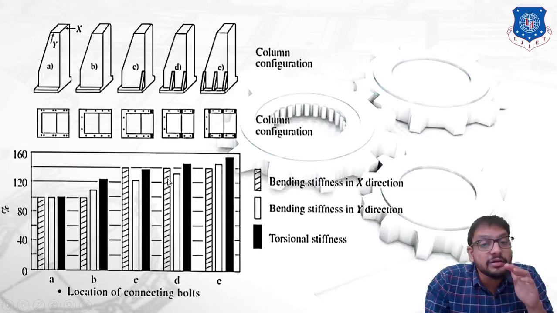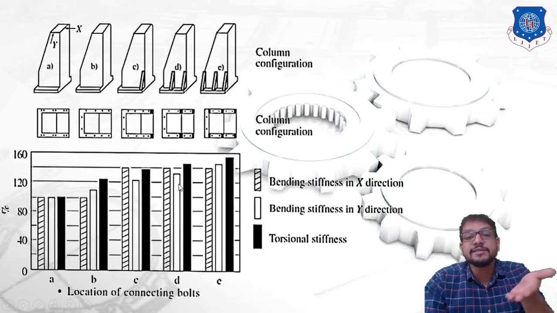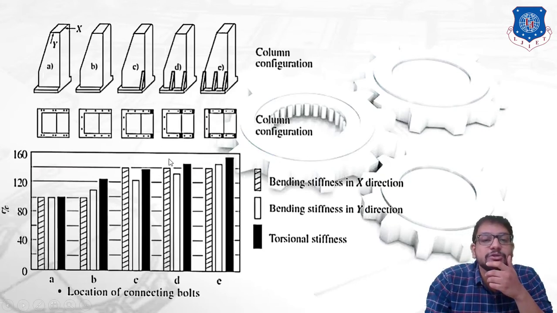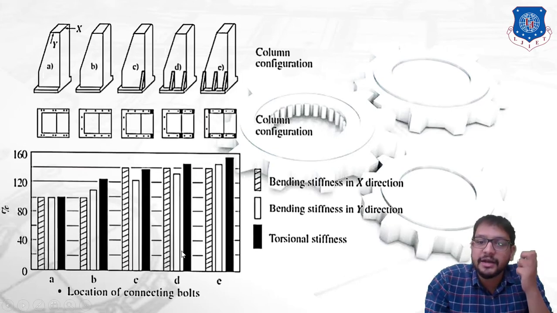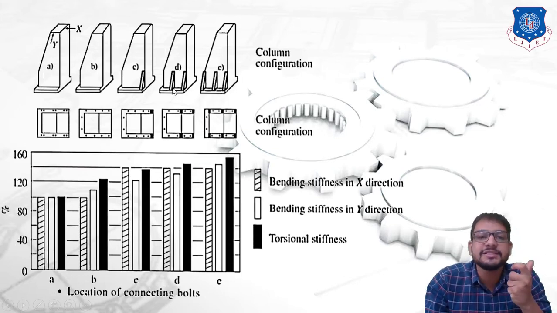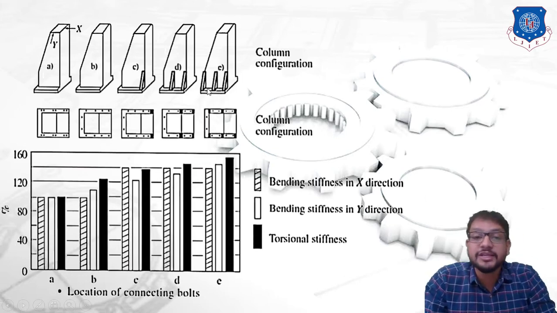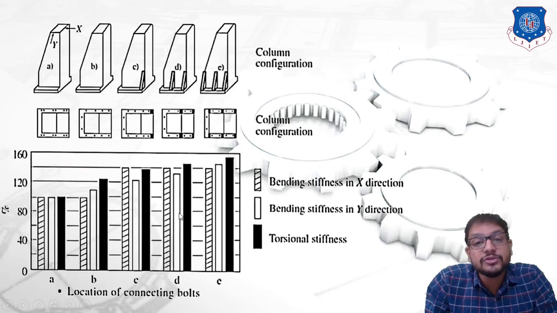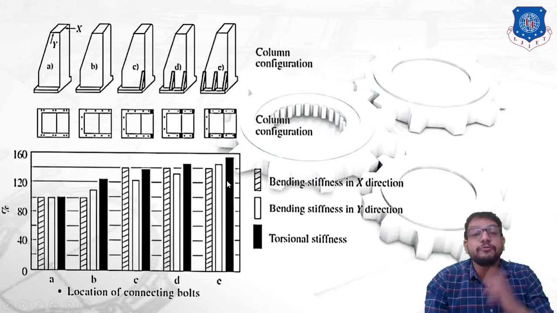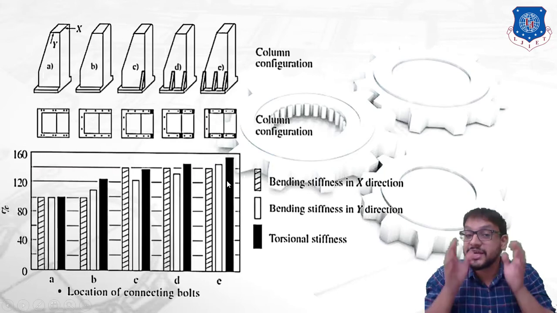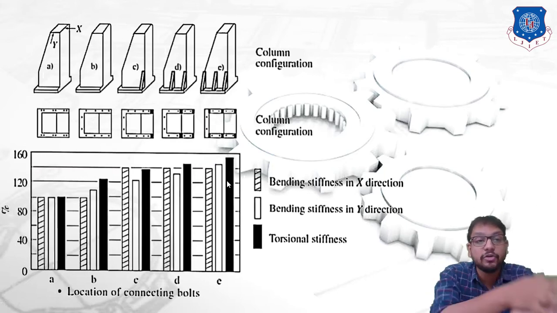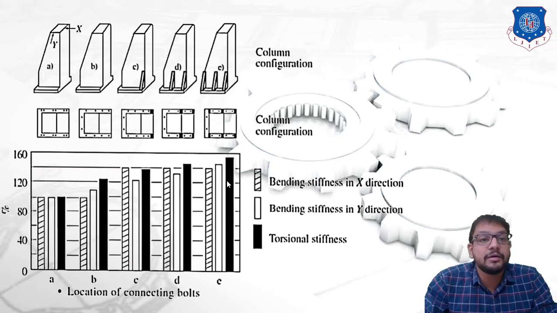Again, the percentage of stiffness has been increased in this case. You can see it is increased in X direction, in Y direction, and torsional stiffness is also increased by increasing the number of flange ribs. And in the fourth case, you can see almost a 50% increment; stiffness is almost increased by 50% compared to our first case, that is A.